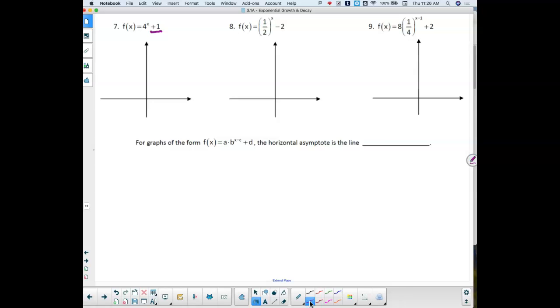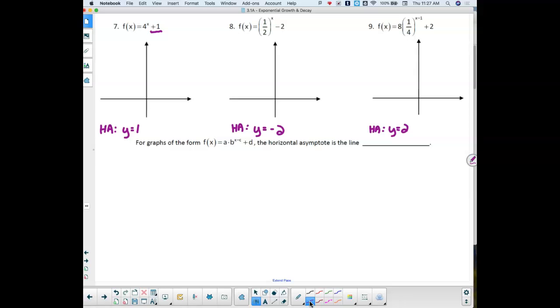Okay? So my horizontal asymptote here is what now? y equals 1. What would it be in number 8? y equals negative 2. And in number 9? 2 is a number. y equals 2 is a line.